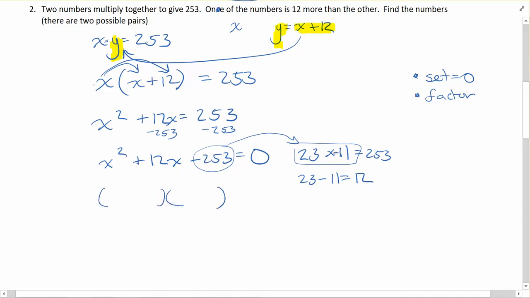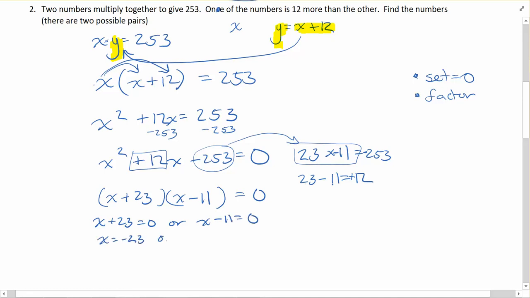And I'm going to say it's going to be the negative 11, because if I do positive 23 minus 11, I'll get positive 12, which is what I need in the middle. So x plus 23, x minus 11 equals 0. Setting both of these equal to 0, x plus 23 equals 0 or x minus 11 equals 0, we're going to get x is equal to negative 23, or positive 11.